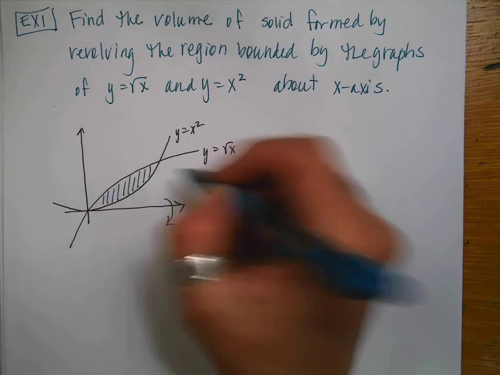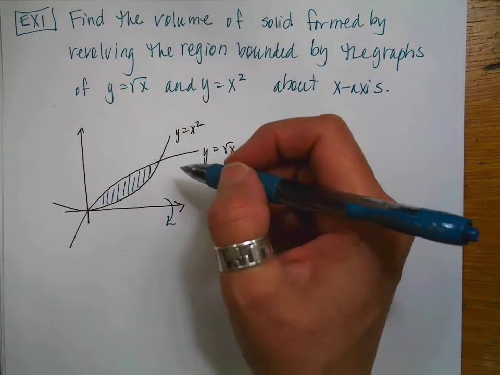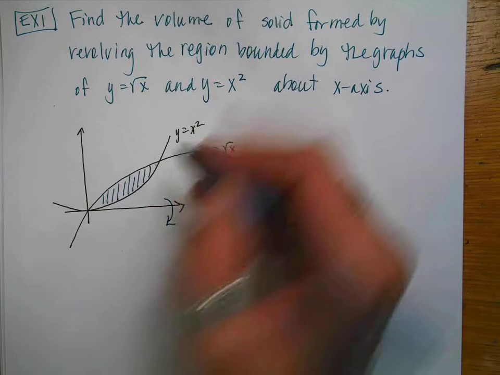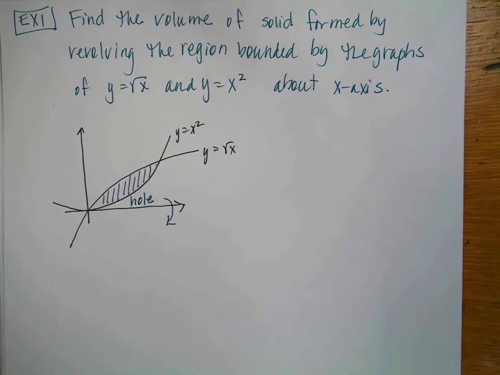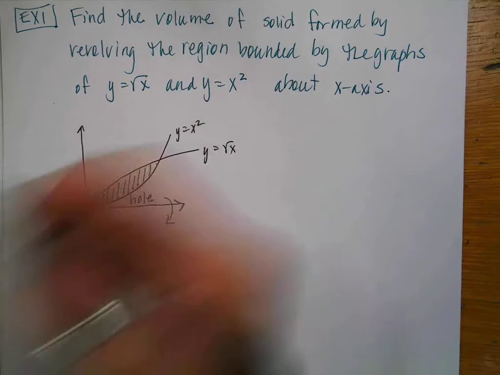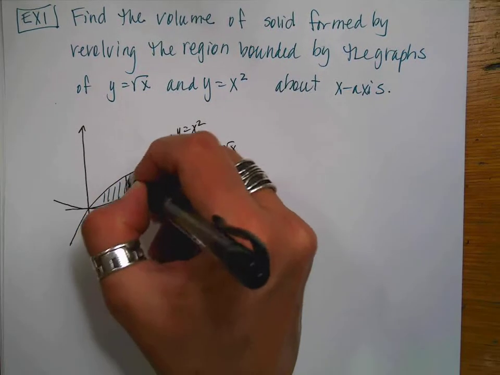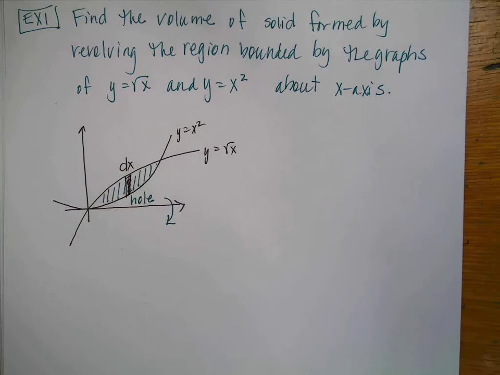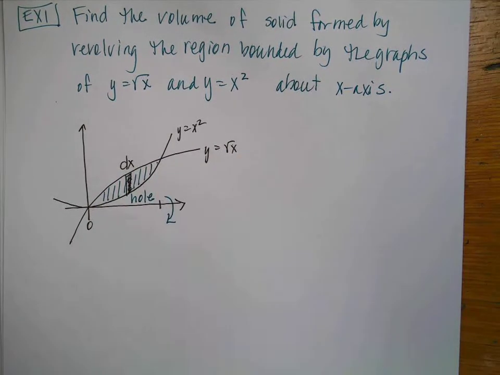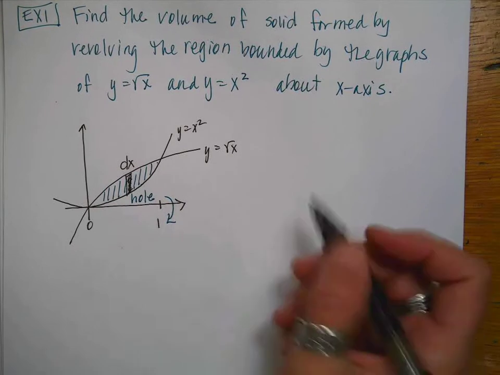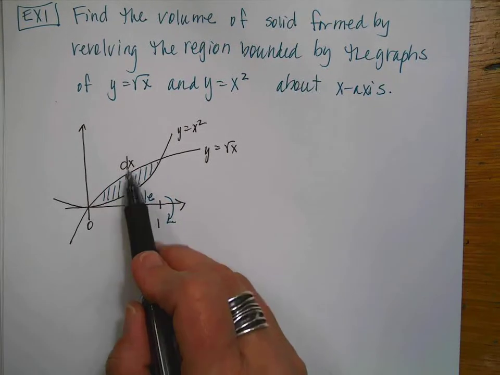So this is the image that's going to be revolved. The book has a much better picture. Let me put my little representative rectangle in there. This point is 0, and this point of intersection is going to be 1. I'm revolving about the x-axis.